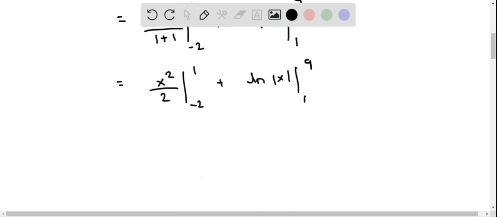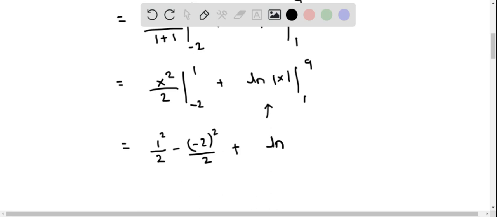So now let's apply the upper limit and lower limit. We put the 1 here, so it becomes 1 squared over 2, minus, now we put the lower limit, that is -2, so it becomes (-2) squared divided by 2. Now let's evaluate the second integral by applying the upper limit and lower limit.